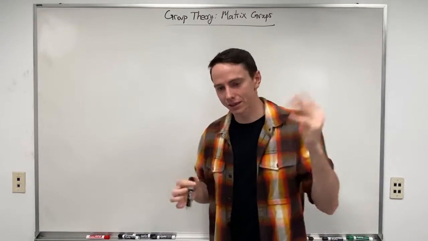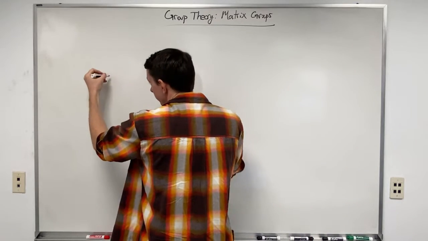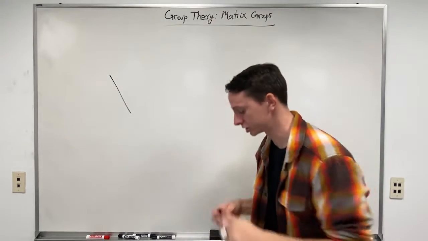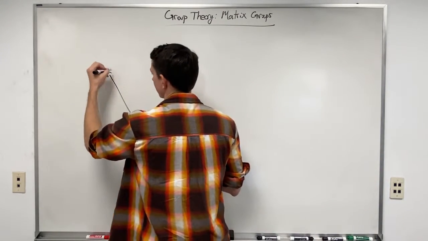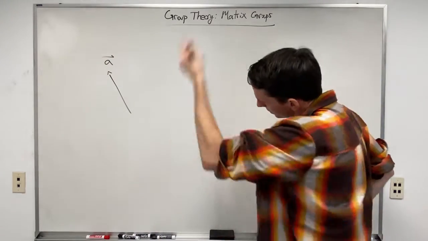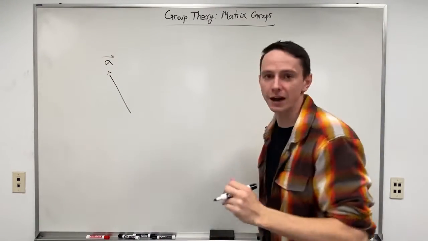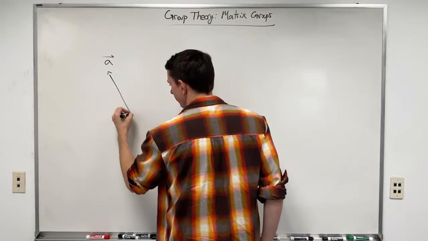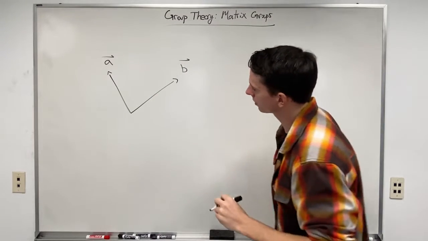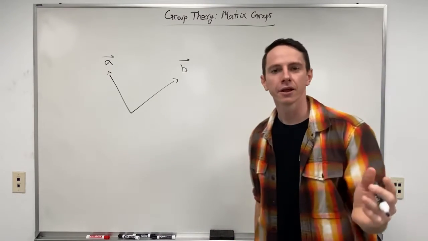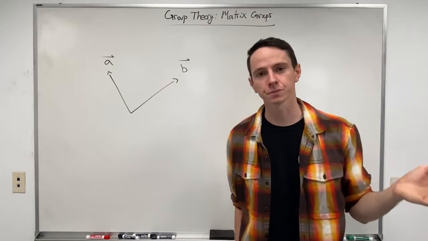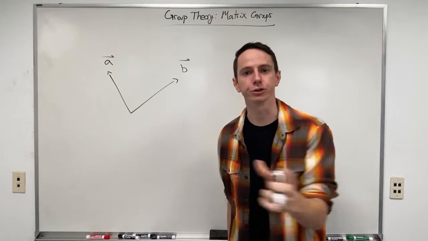But conceptually, we can visually think of a vector simply as an arrow in space. It might look something like this. We'll call it A. So this could be a way to visually represent a vector. We could draw another vector, and maybe we can call that guy B. One of the initial questions that people often ask when looking at two vectors is, are these vectors perpendicular to each other?